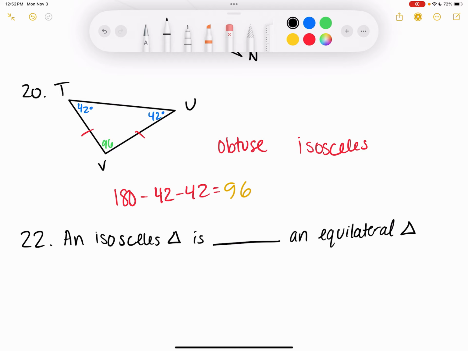So an isosceles triangle is always, sometimes, or never an equilateral triangle. Sometimes. Isosceles has to have two congruent sides. It could also have a third one, but that's not necessarily true.